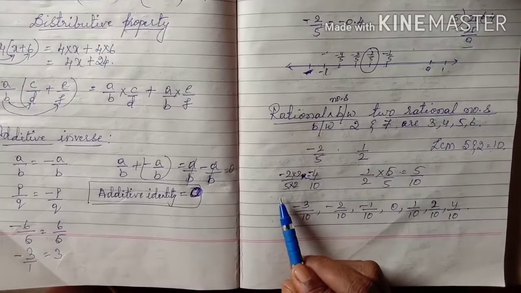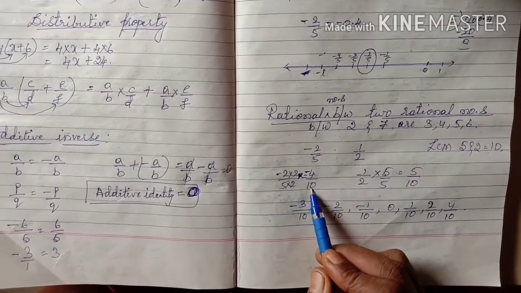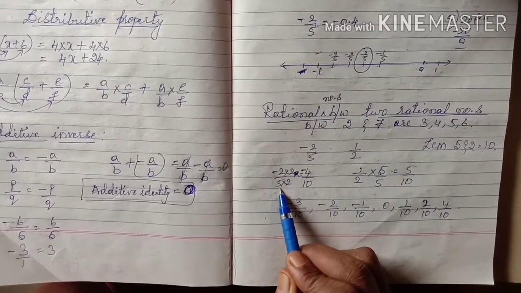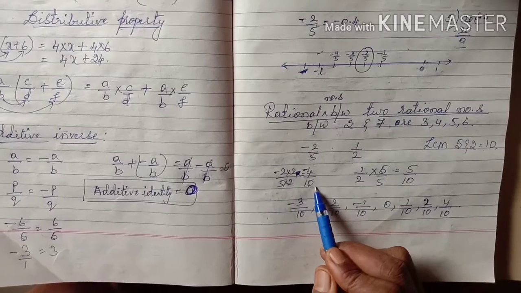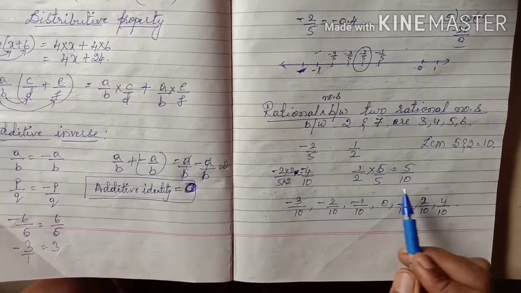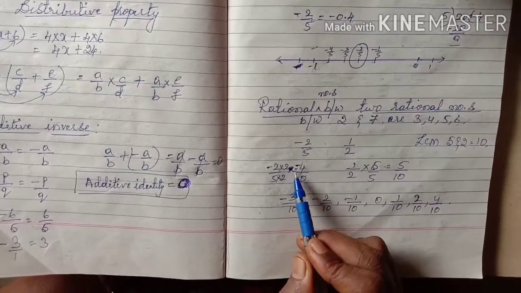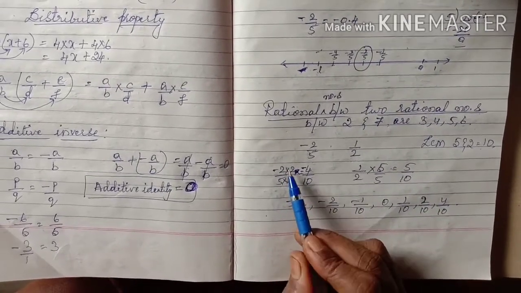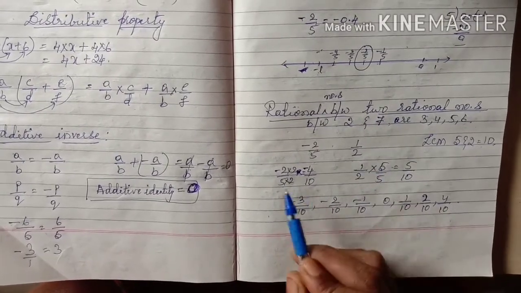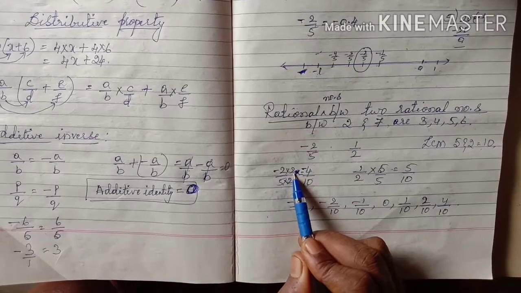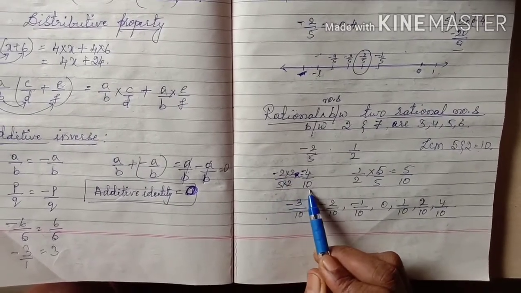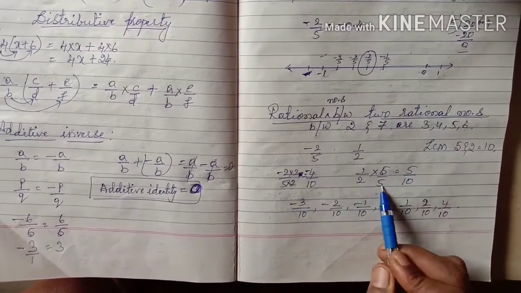To get 10 as the denominator, the denominator is important here. 5 twos are 10, and here 2 fives are 10. So to get equal denominators, we multiply the numerator and denominator by 2 in the first fraction and by 5 in the second. Minus 2 into 2 is minus 4, and 5 twos are 10. 1 into 5 is 5, 2 fives are 10.